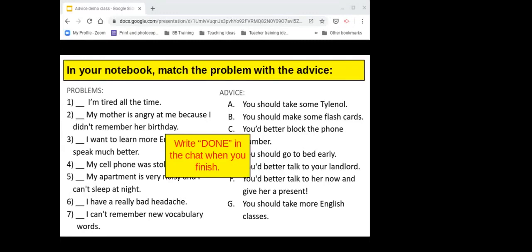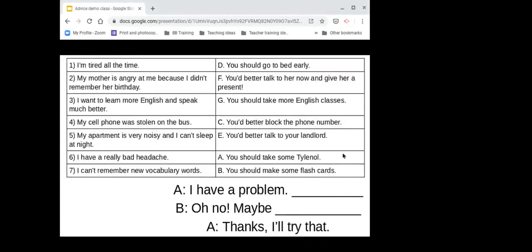Okay, a lot of people have completed the activity. Very nice. Thank you. Okay. Great. So here are the answers. Please check your answers. How many did you get right?